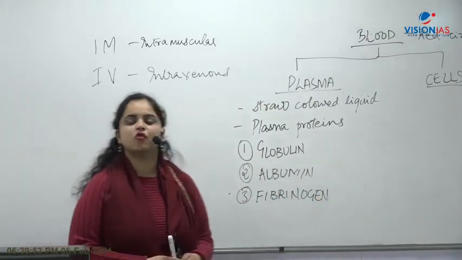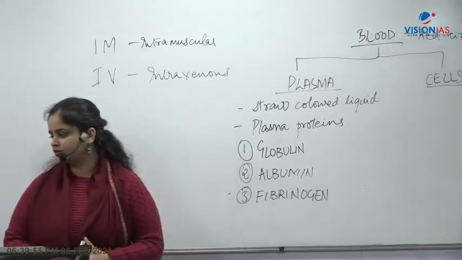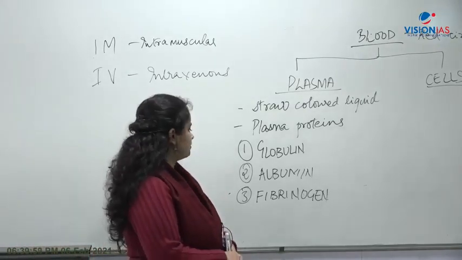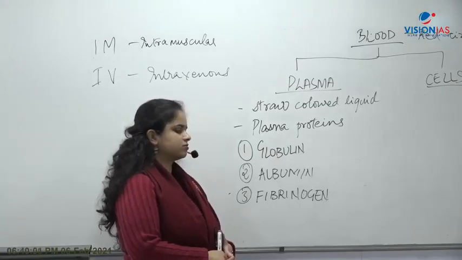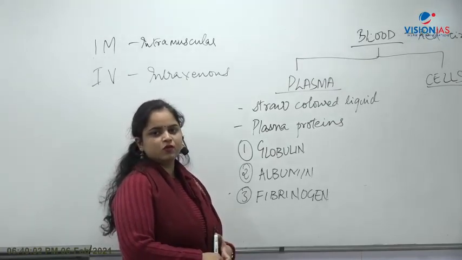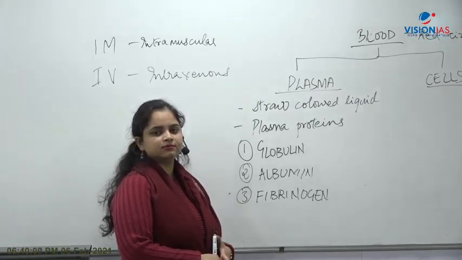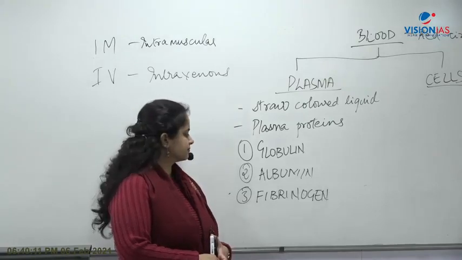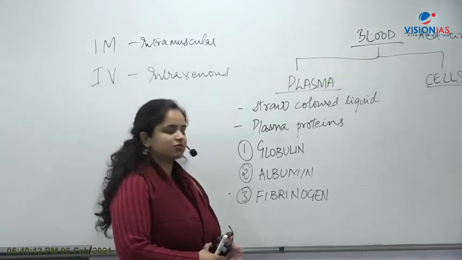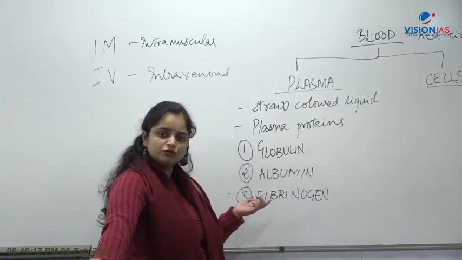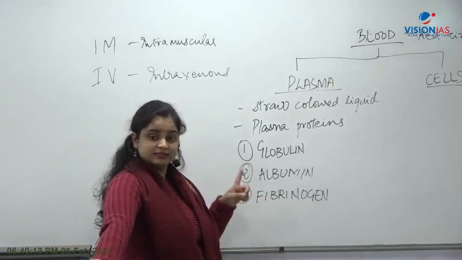It is involved in formation of blood clots. Okay, so plasma proteins, we studied this as an example of our globular proteins also when we were studying proteins in your first class.